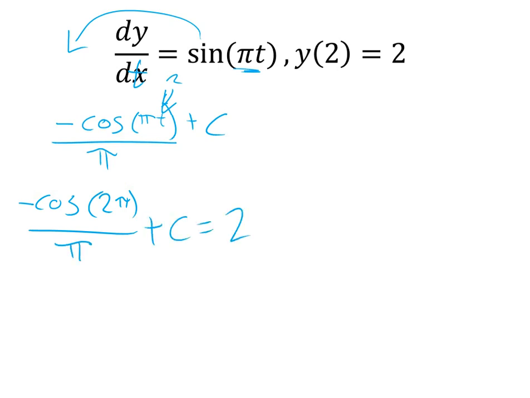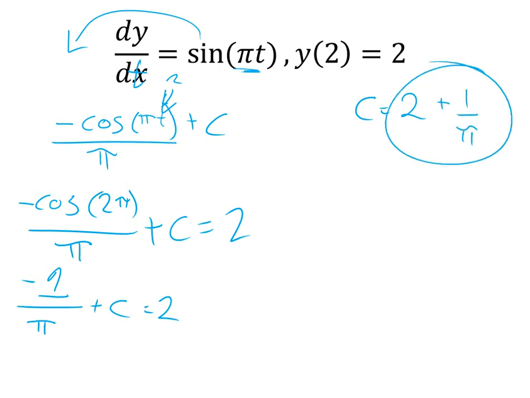Well, what is the cosine of 2 pi? That would be a full circle. Cosine is the x value, and the x value at 0 is 1. So that means we would have negative 1 over pi plus c is equal to 2. When we solve for c, we get c equals 2 plus 1 over pi.